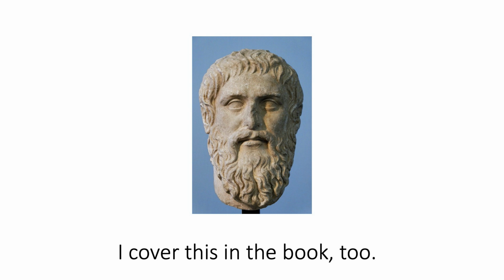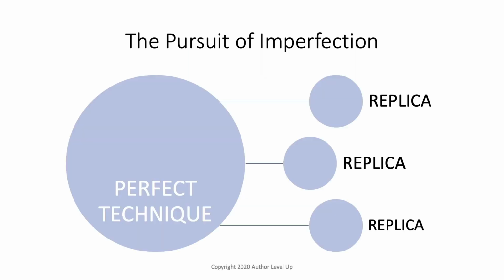When you think about writing techniques, is there such a thing as a perfect writing technique? And might it look a little bit something like this? So we're talking about the pursuit of imperfection here. On the left-hand side of the screen, we've got a perfect technique that exists off in the world of the forms, the perfect world we talked about, right? And we've got authors on the right-hand side who are creating replicas of that.